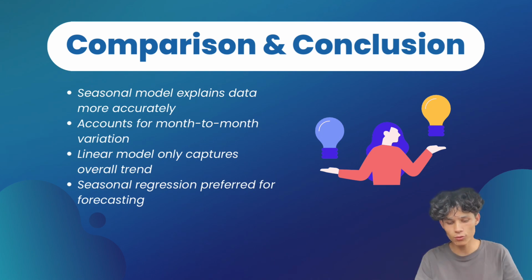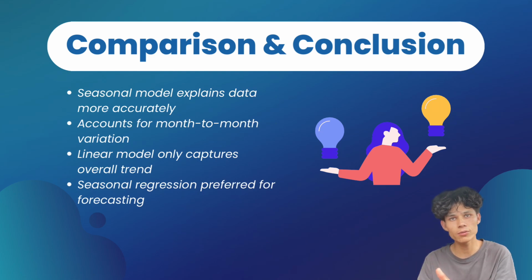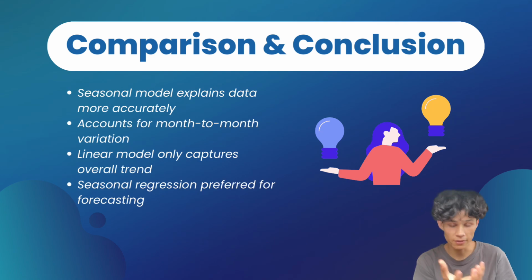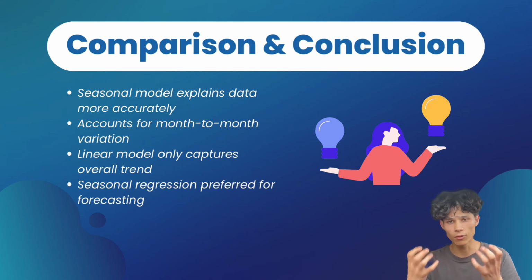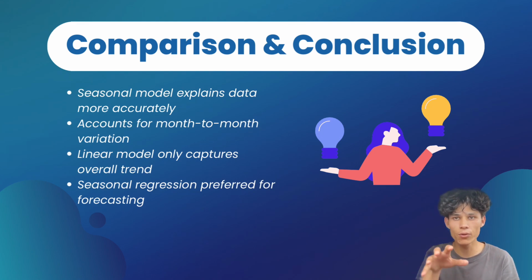The seasonal model addresses this by including dummy variables, which we saw on the Excel sheet, resulting in higher explanatory power and more accurate fitted values. And overall, the seasonal regression model is preferred for forecasting, as it captures both the long-term and the recurring seasonal effects that influence building approvals.